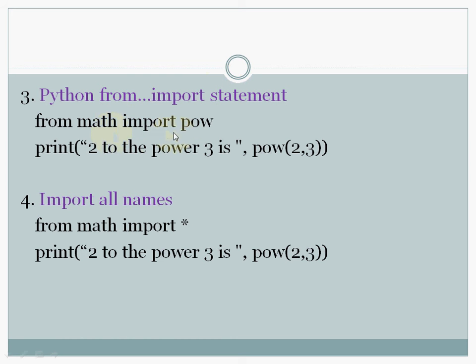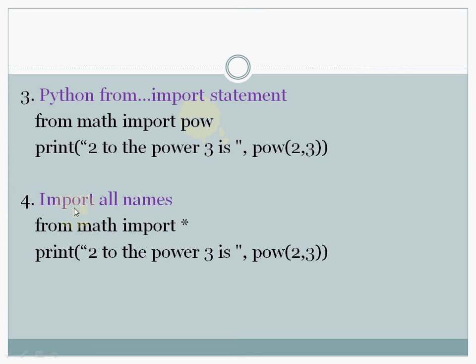Like when we have to use only one functionality, that is pow, the power functionality, then we can use this statement. The difference is that there is no need to use the math module name while accessing the functionality. Directly you can access the functionality of the module that you have mentioned here.